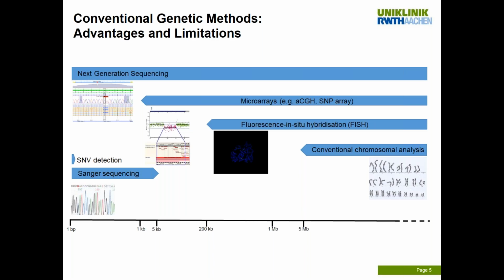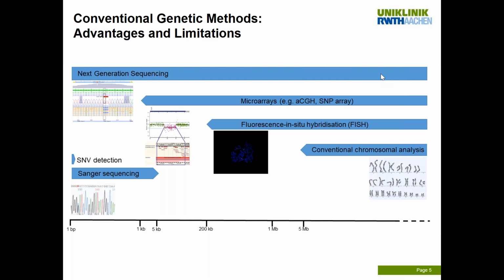What we have to cover is the gap between these very high resolution techniques and the low resolution techniques, and this is achieved by the implementation of next generation sequencing. But all these techniques address conventional or classical monogenetic and genetic alterations.